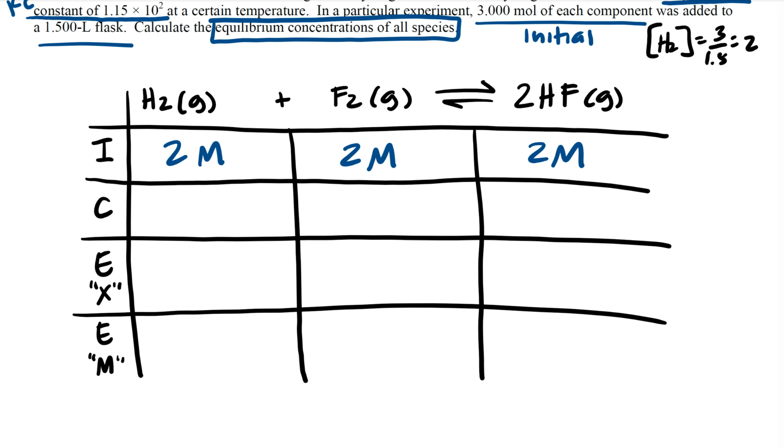Next, for the change row, we have to use coefficients here. We have to use x's here, but we have to know in which direction the system will proceed to establish equilibrium. I don't have any zeros in my initial row, so that indicates to me that I'm going to need to calculate Q. So we're going to calculate Q, or more specifically Qc, set it up by writing the Qc expression first, and then sub in your initial values.